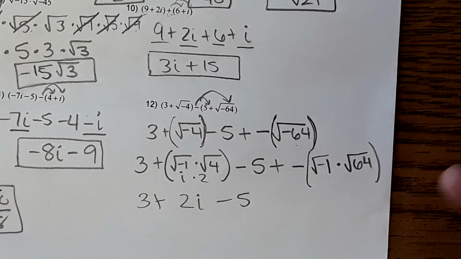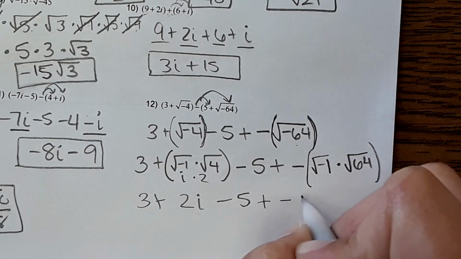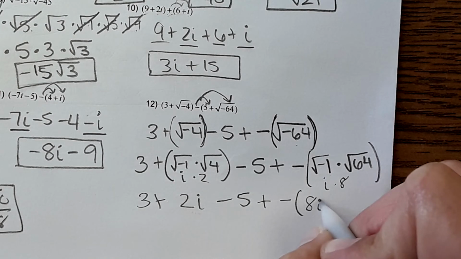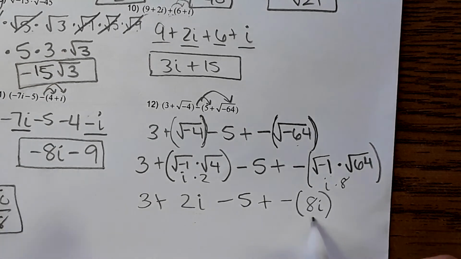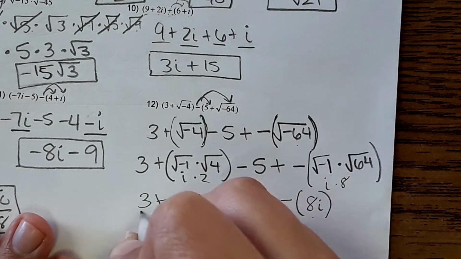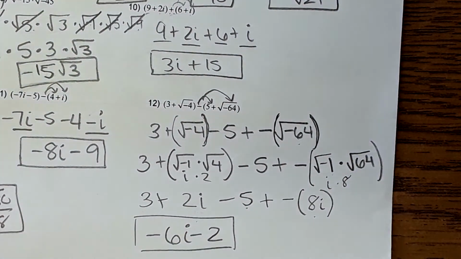We're going to have to combine like terms, but yeah. Okay, and then this would be i times 8, so 8i. And now 2i minus 8i is negative 6i. Negative 5 plus 3 is negative 2. And now we're done. Finally.